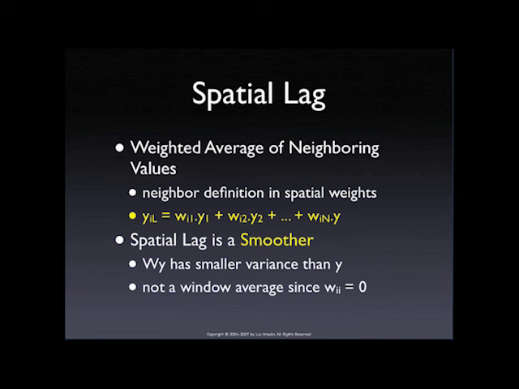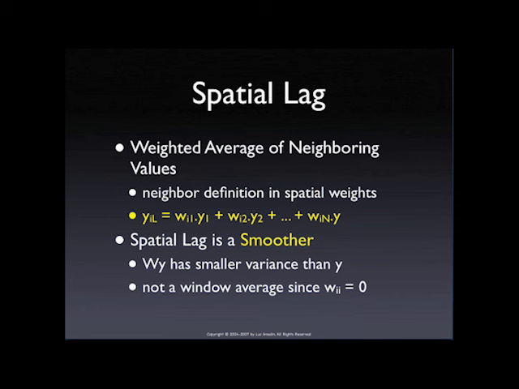Each of these in a matrix multiplication gets multiplied by the matching observation for y. So w_i1 multiplies y_1, w_i2 multiplies y_2, and so on. If you think of the row of the weights matrix as a row vector, and all the observations as a column vector, you multiply the matching observations and sum that up. But this is way too complicated relative to what it really is, because you really only multiply 4, 5, 6 neighbors. Everything else is 0, so it gets zeroed out.